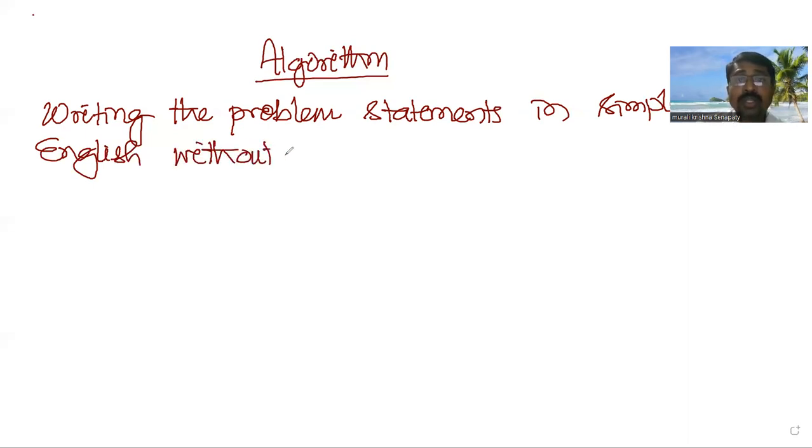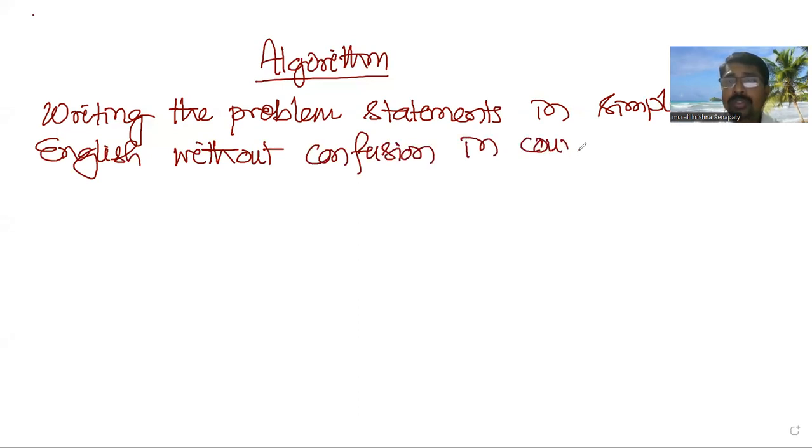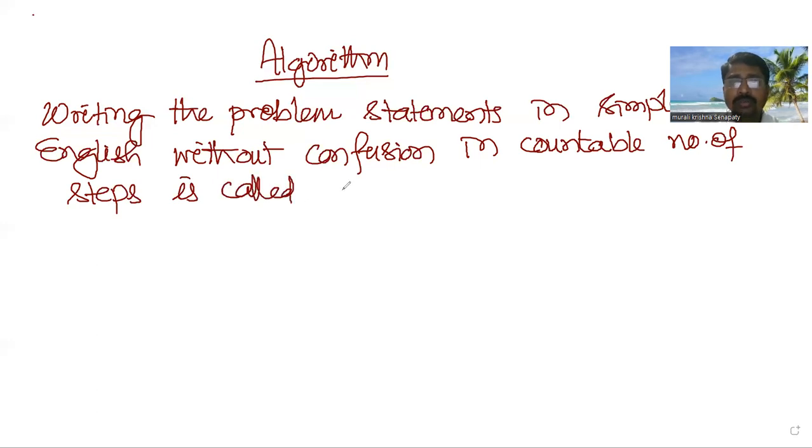Whenever we write a statement, that must not lead to any confusion. In a countable number of steps, then it is called an algorithm. Writing the problem statements in simple English without confusion in a countable number of steps is called an algorithm.